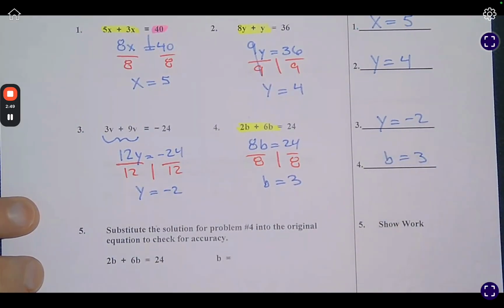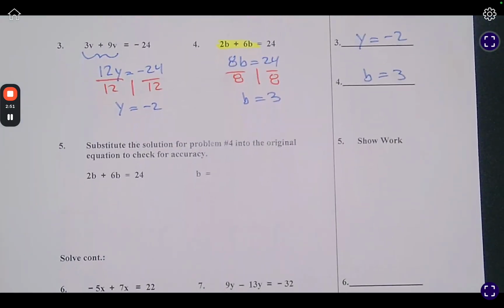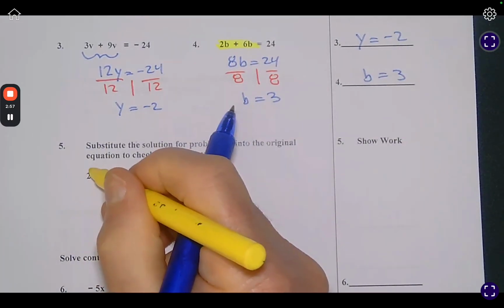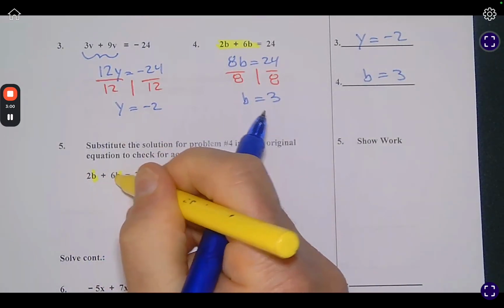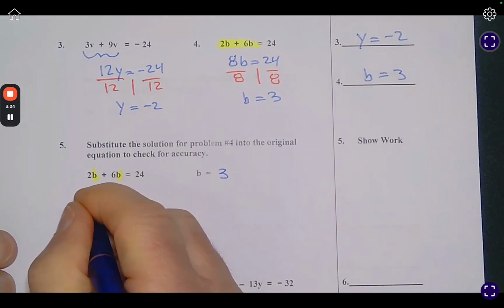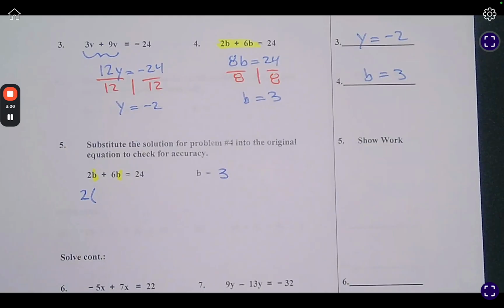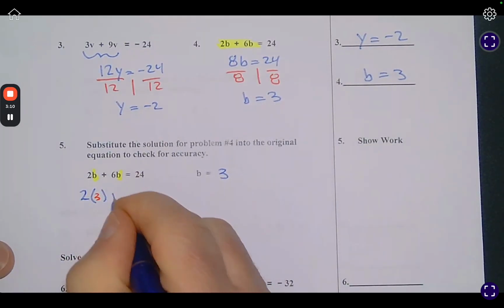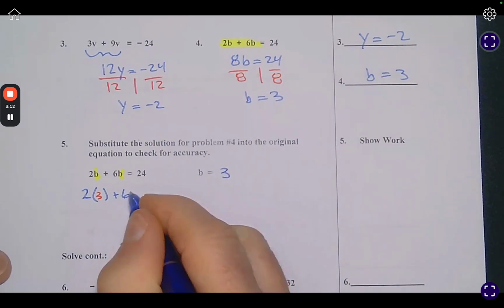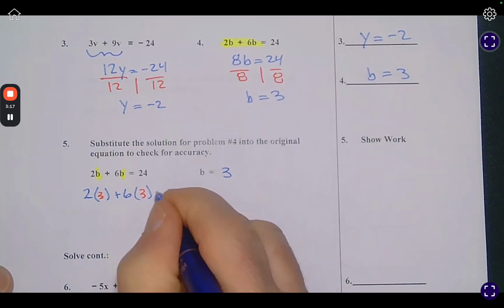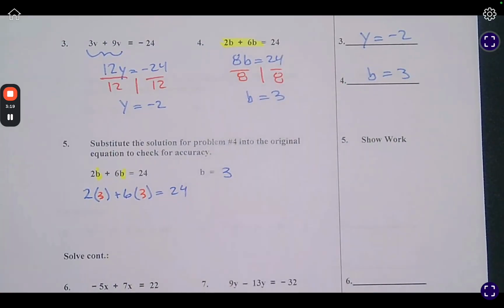All right, let's check it. I think it's a good idea to check it. So, notice b is 3. Everywhere I see a b, I'm going to replace it with a 3. So I'm going to go 2, open parenthesis, 3, plus 6, open parenthesis, 3, and we hope that equals 24.